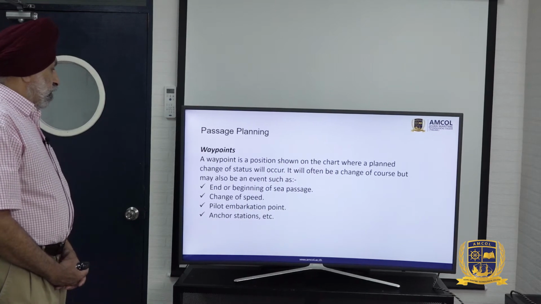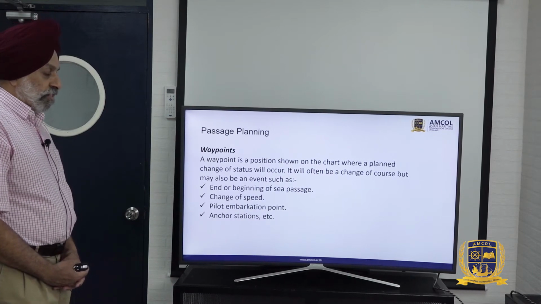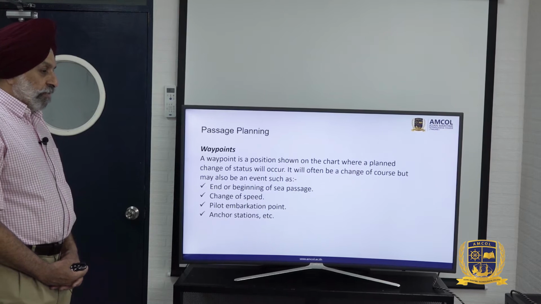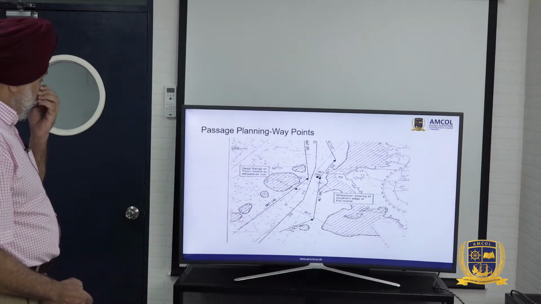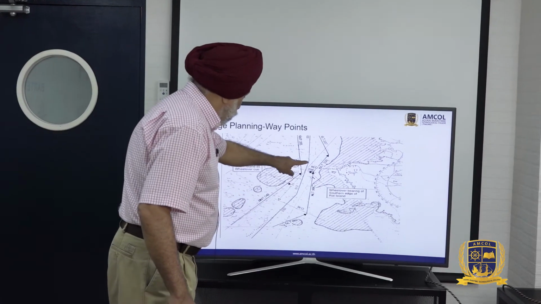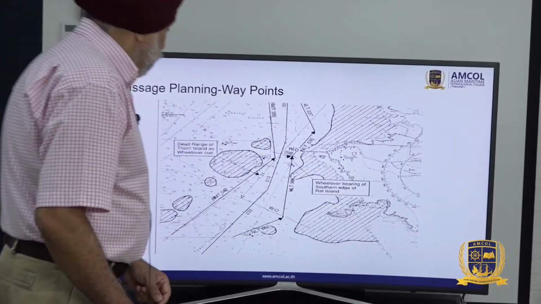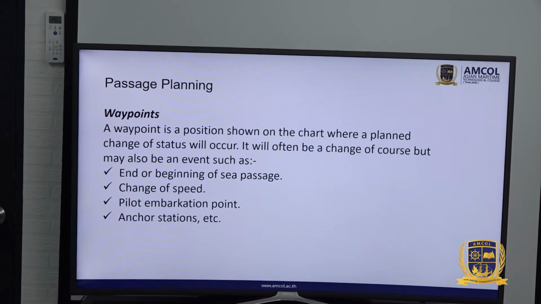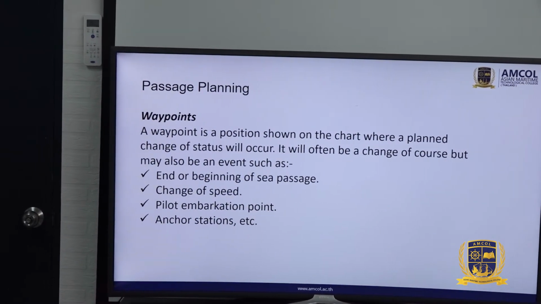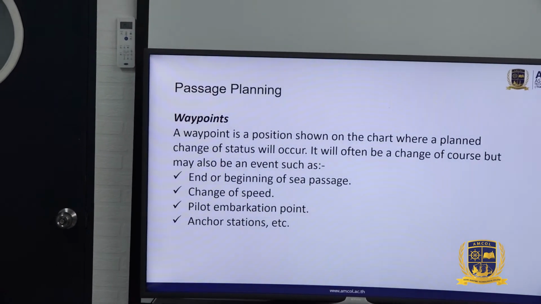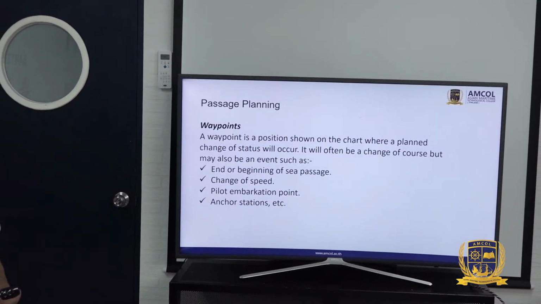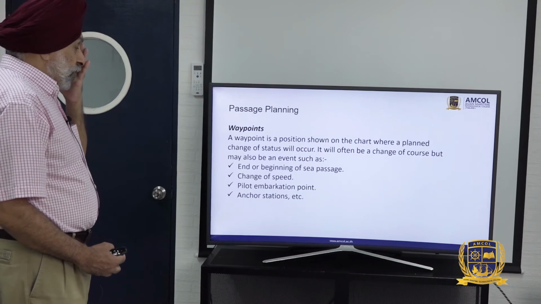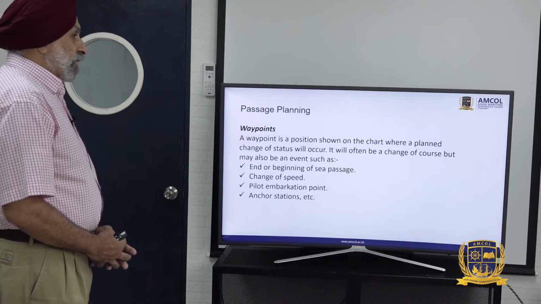Waypoints. The waypoints are the points shown on your chart. That means the various stages. If you see this chart, these points are the waypoints at which the course alteration happens. So in your passage plan, one has to calculate the position of each waypoint, and each waypoint will have a sequential number so that you can keep track of it.